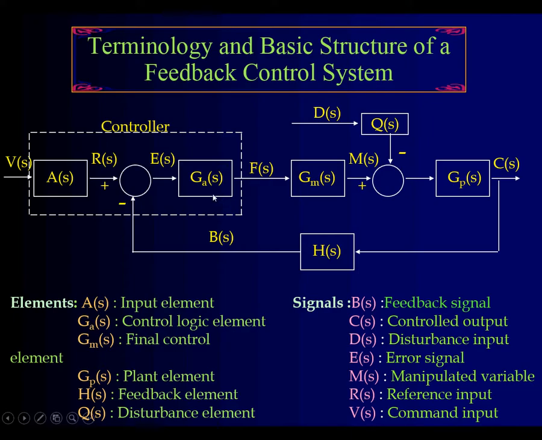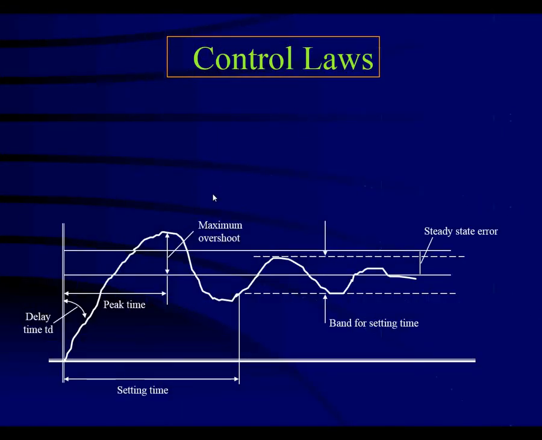Okay, so now we are going to see a bit about control laws. If you take a step input to a system and study how it responds, you can recognize several properties. For example, the maximum overshoot is over here, and then it settles down into some steady state value.